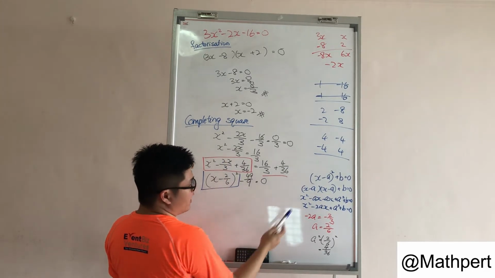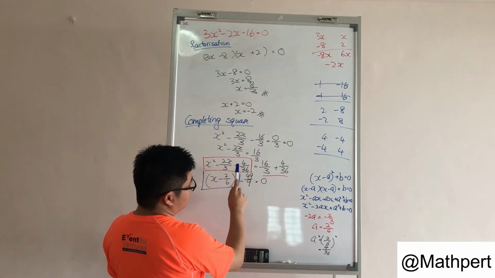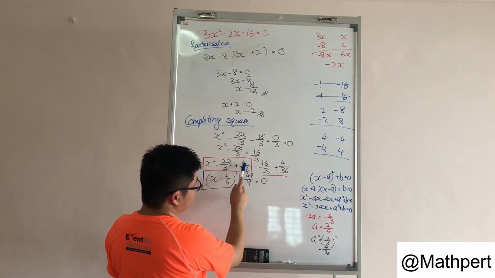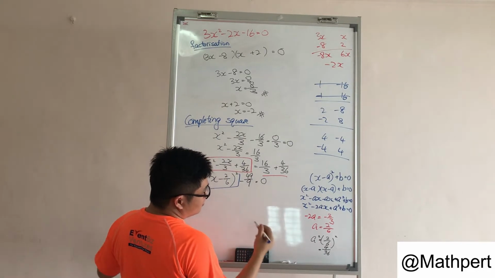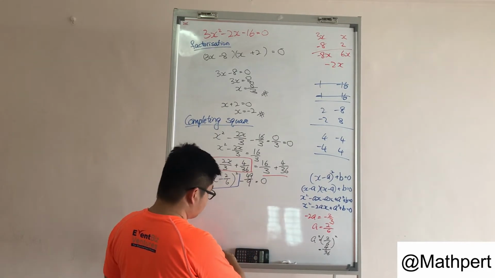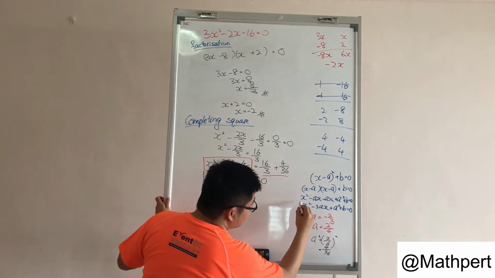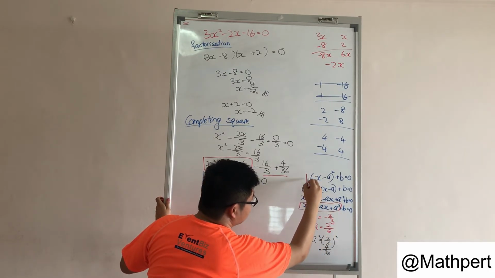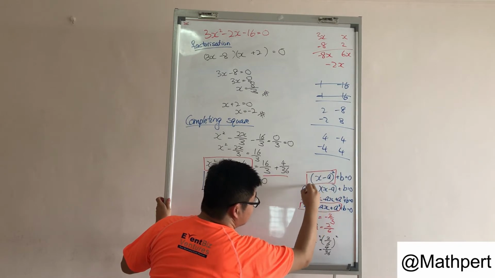So a squared right here is 4 over 36. So this whole thing is actually equal to this one.